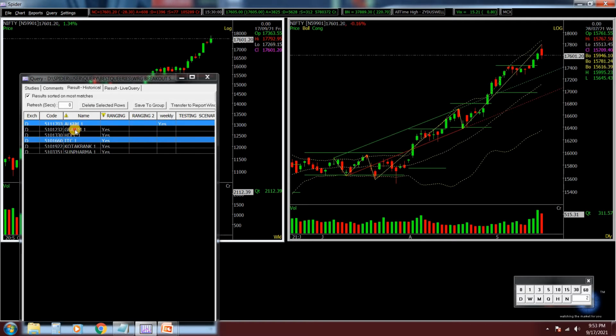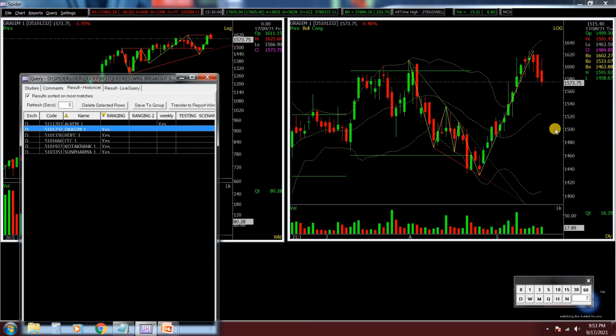Let us go to Grasim. In the daily chart, on 3rd September, Grasim closed at 1516. On 6th, on Monday, Grasim broke its previous 3 days high. Then after, it got a huge rally from 1520 to 1620.